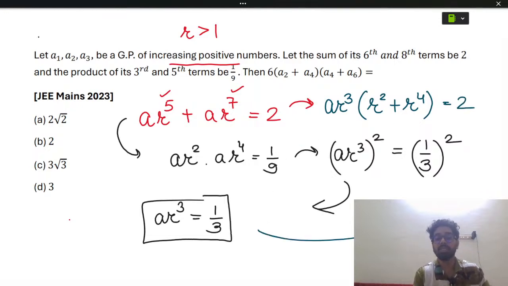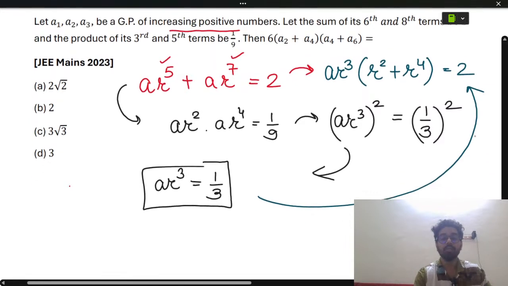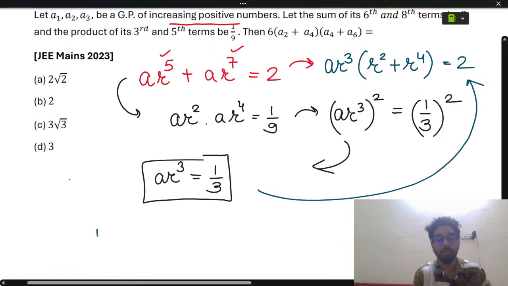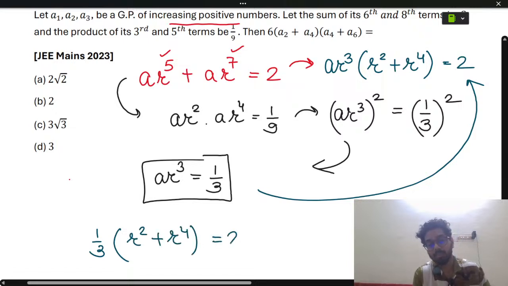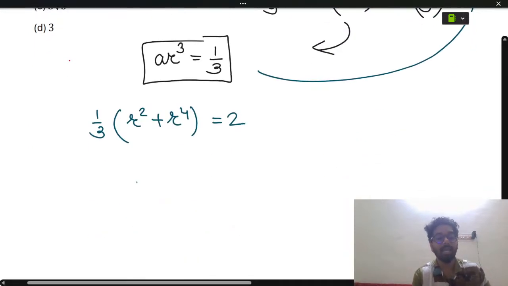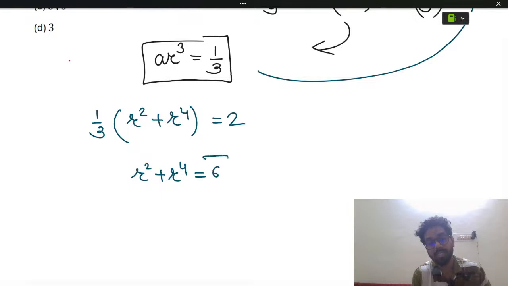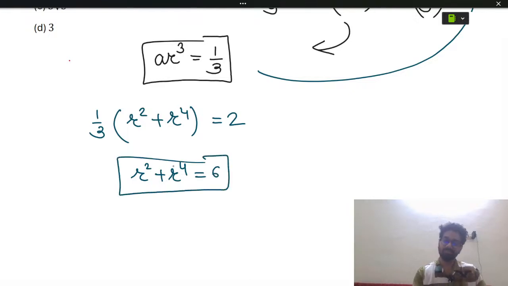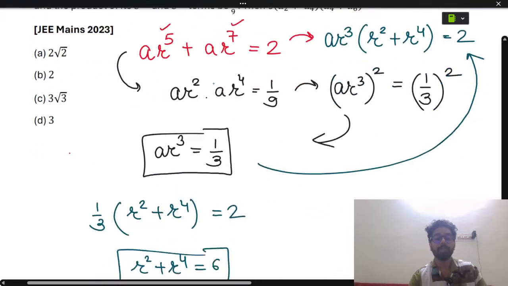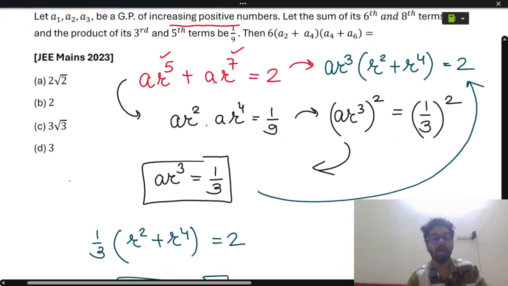Now I will substitute this over here. So this will become what? A R cube is 1 by 3 multiplied by R square plus R power 4 is equal to 2. And from here I can get that R square plus R power 4 is equal to 6. So I have got this value. Alright. Now what? I have got the idea of the R.